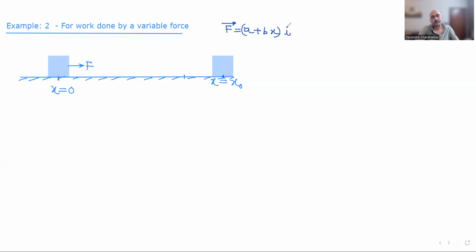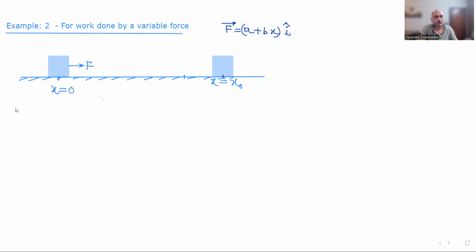So it is varying linearly. If it varies along the length, it is called linear variation. This force is varying linearly from x is equal to 0 to x is equal to x naught. And this is how it is varying, a plus bx times I cap.